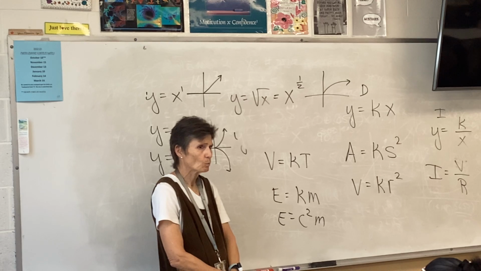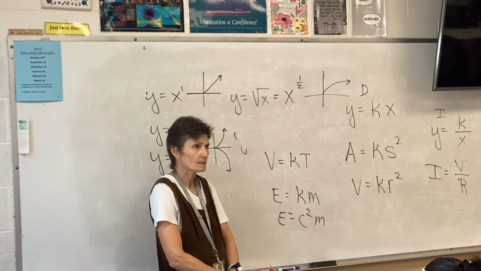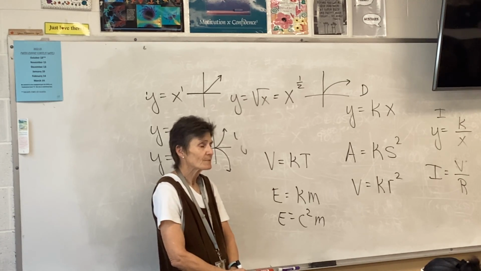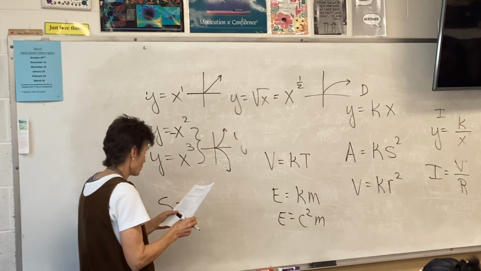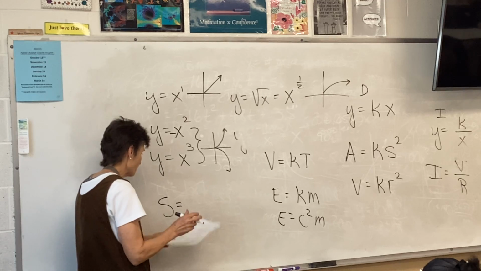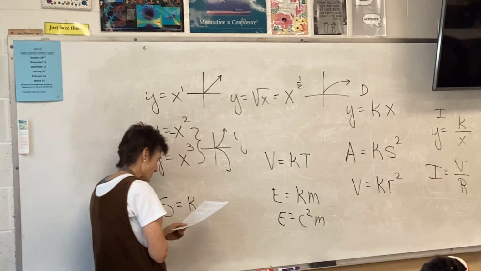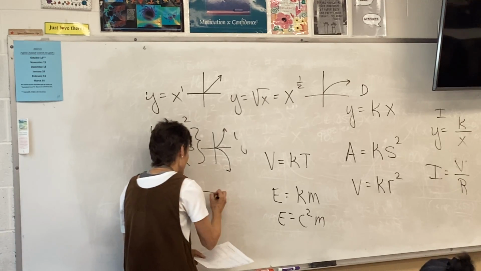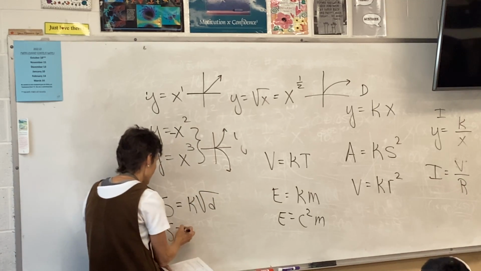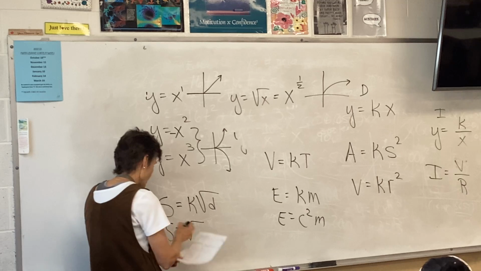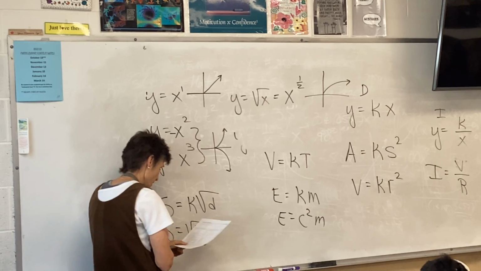If it doesn't have a word attached to it, what do you think it is? It's direct. If they don't use that word, that's what it is. So it varies directly as the square root of D, and the constant is the square root of 2G.